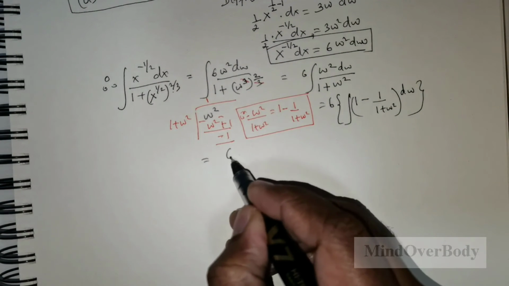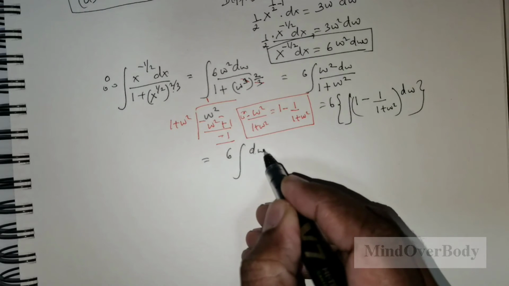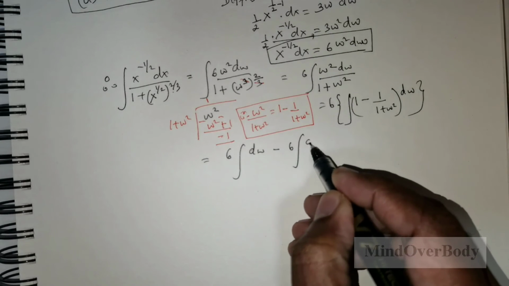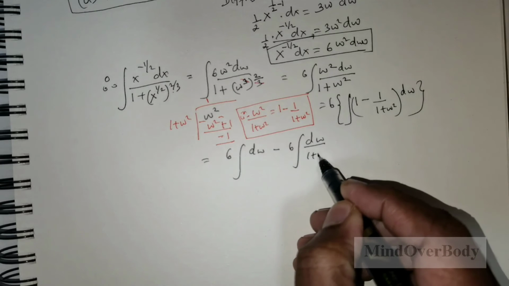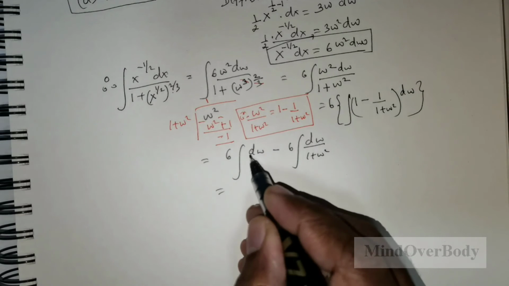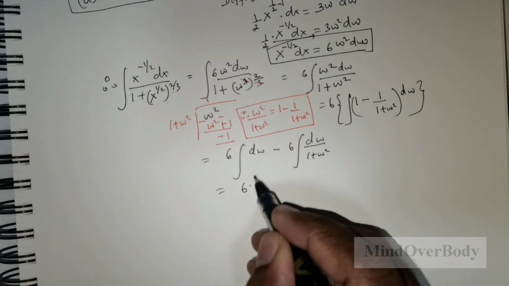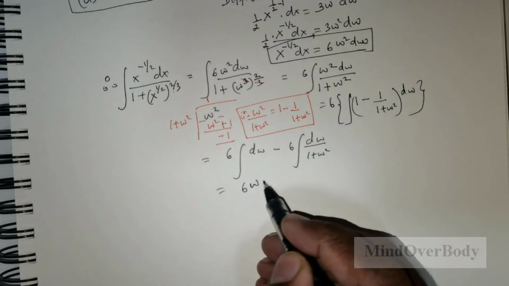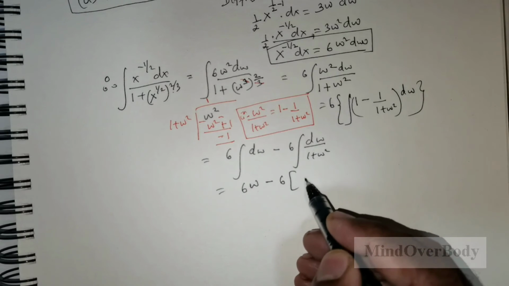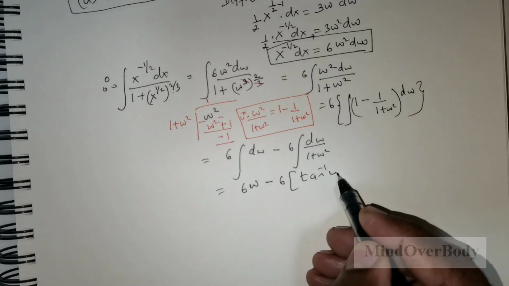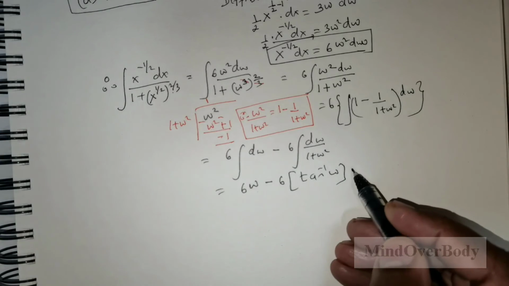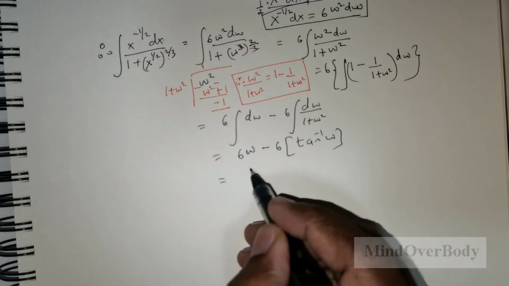So this is equal to 6 times the integral of dw minus 6 times the integral of dw divided by (1 + w squared). The integral of dw is going to give me w, followed by 6 times tan inverse of w. Of course, you need to place a constant; I will place it at the end.